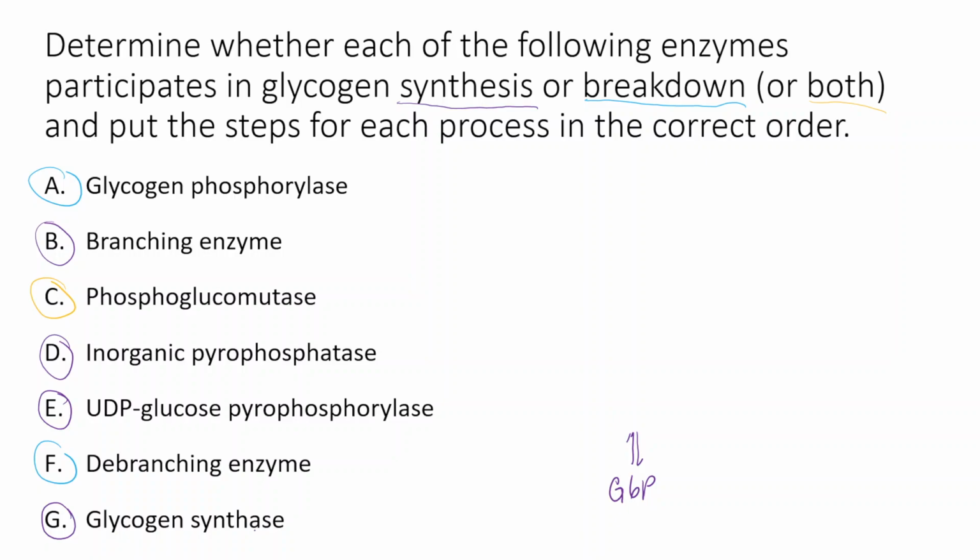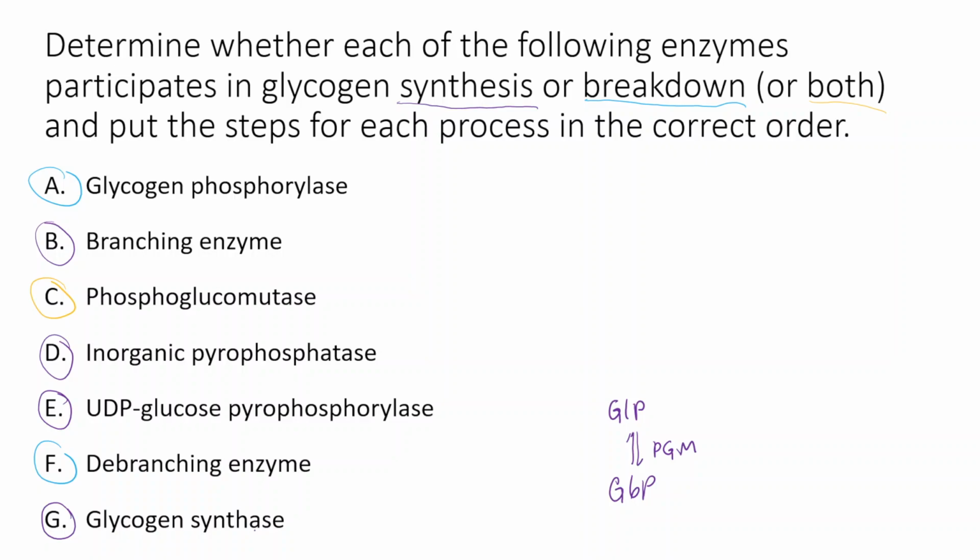What is that enzyme doing with glucose 6-phosphate? Yeah, glucose 1-phosphate. PGM, phosphoglucomutase, moves the phosphate group from the 6-carbon to the 1-carbon on glucose. Now the glucose is ready to start becoming glycogen.